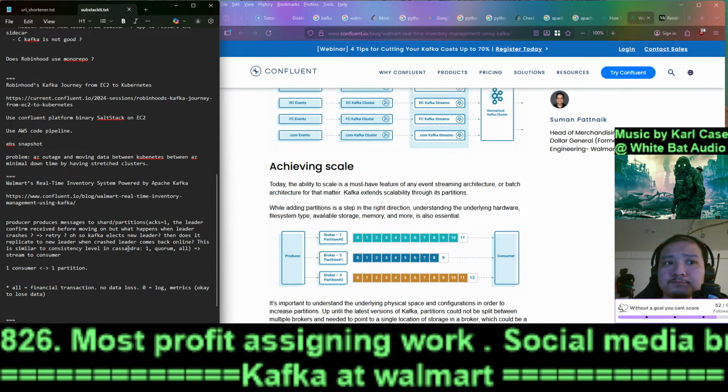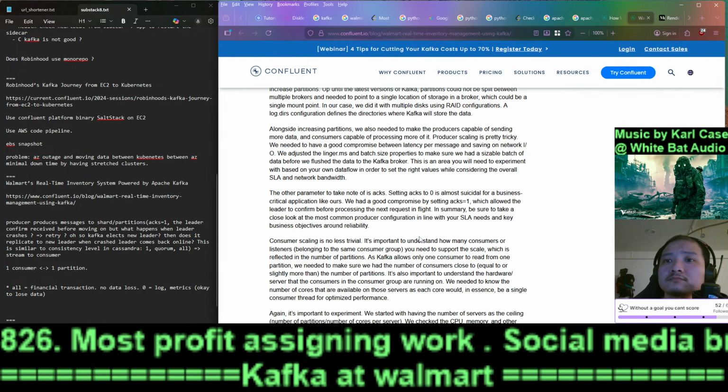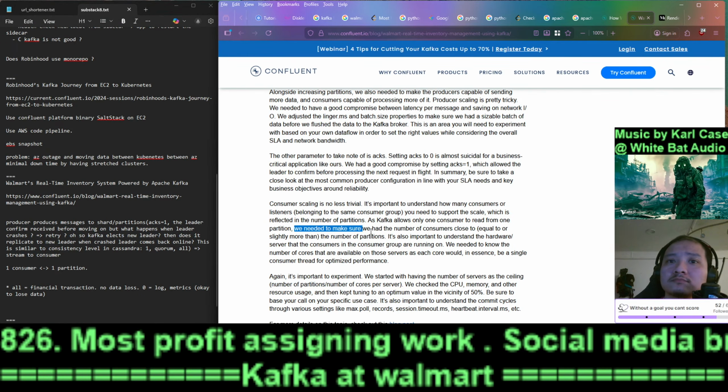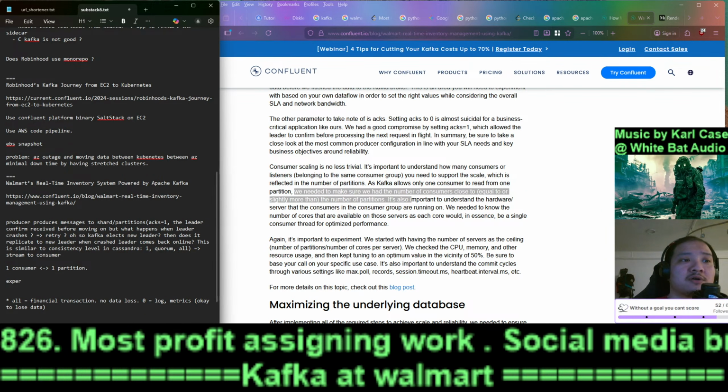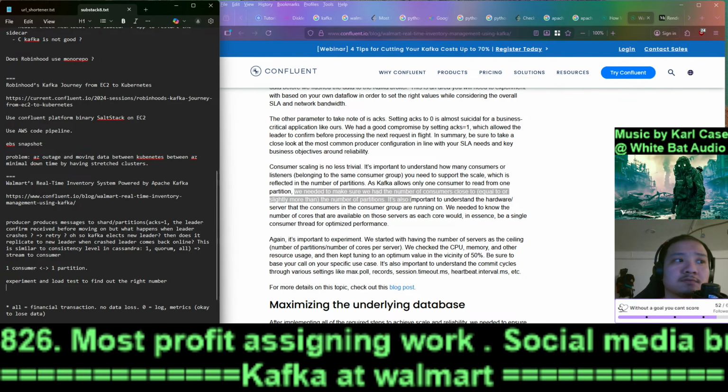Okay. Experiment and load test to find out the right number is what they're suggesting.